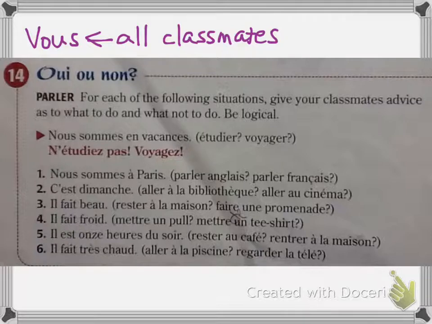Il fait beau: ne restez pas à la maison, faites une promenade.